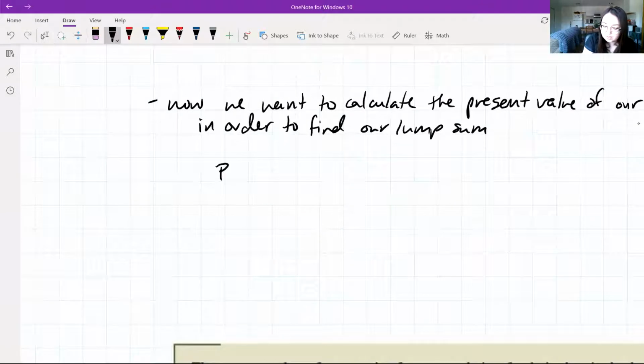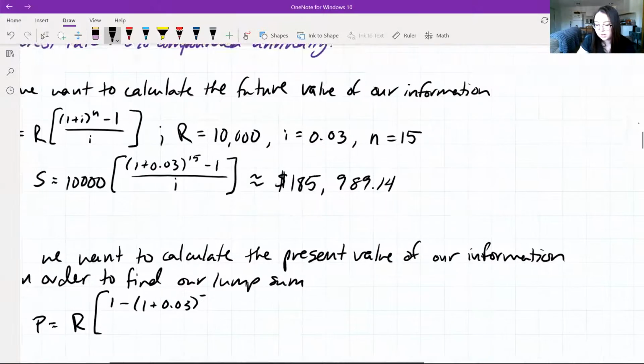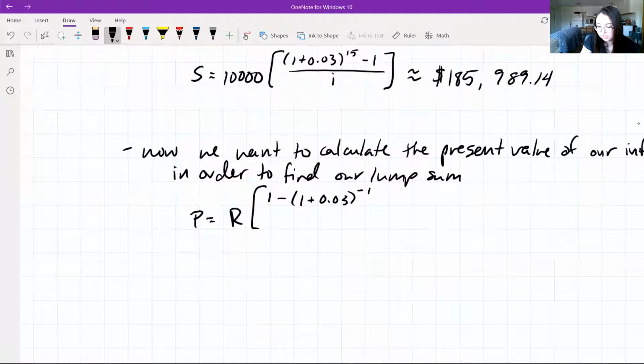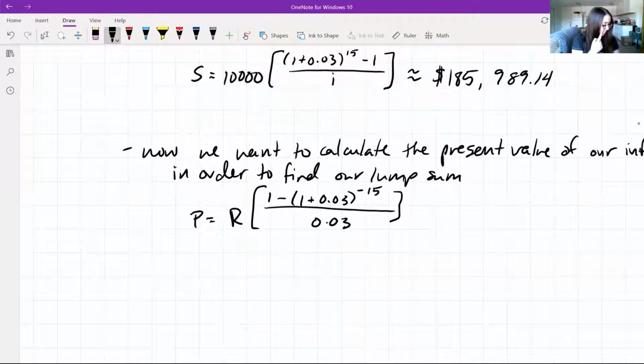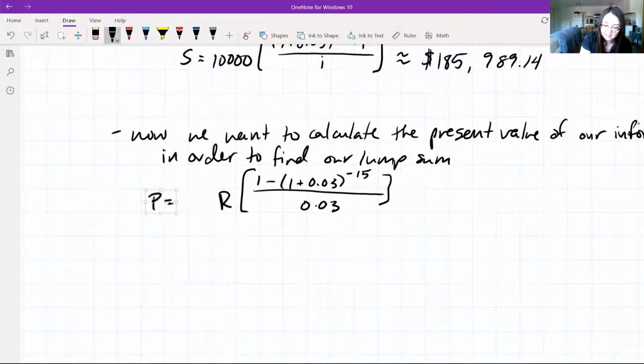So we know our present value is going to be equal to R times 1 minus 1 plus 0.03 to the negative n power, so negative 15, divided by 0.03. Oh, I wrote R. So let's fill that in with 10,000.